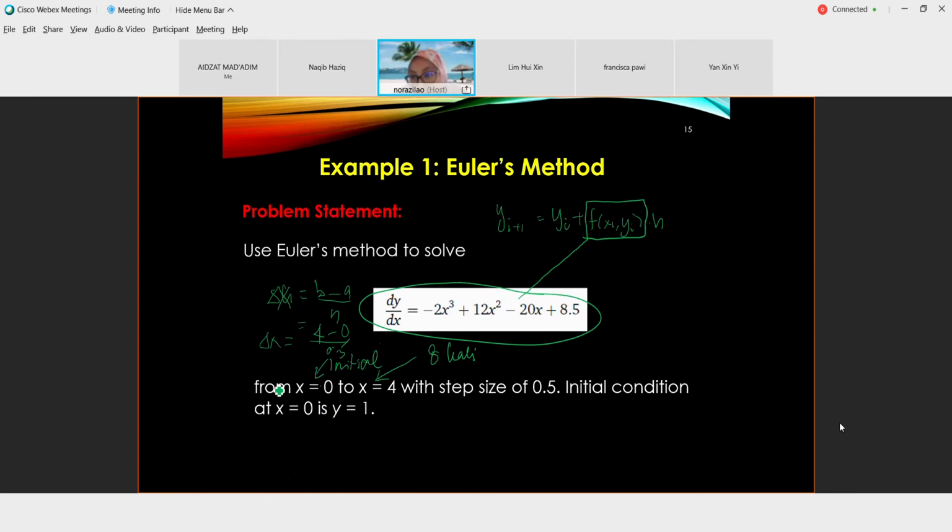Richmond? Fatin? Rizwan? Okay, Rizwan. How can we transform the initial condition at x equal to 0, y equal to 1?